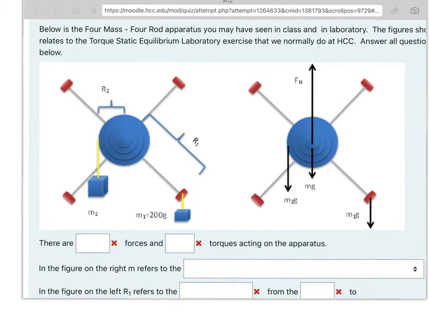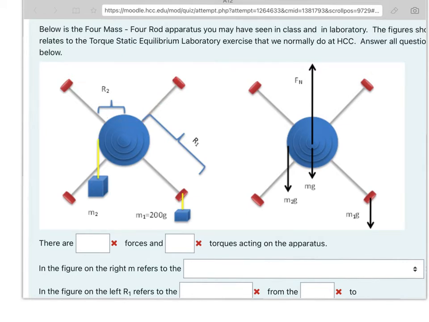So here's an apparatus that if we were in class and lab you would have seen. There's a disc that has several discs on top of each other so that we can wind the string around discs of different radii. Here the string is around the outermost one, and that disc is on an axle and it spins around that axle, and screwed into the disc are these four rods.